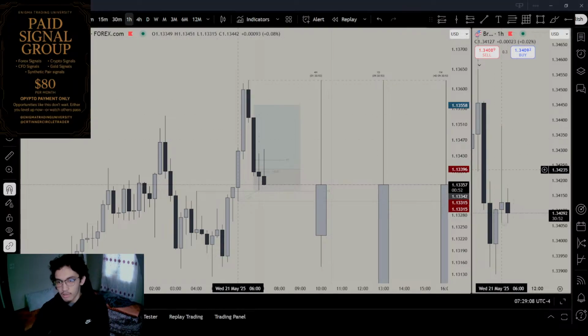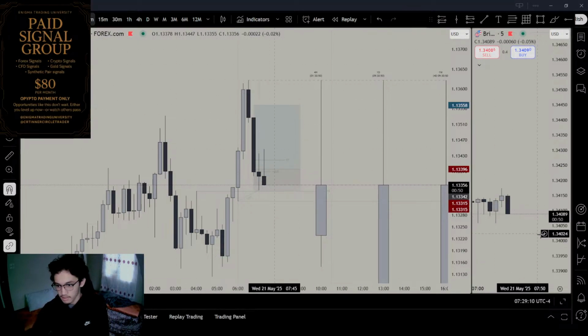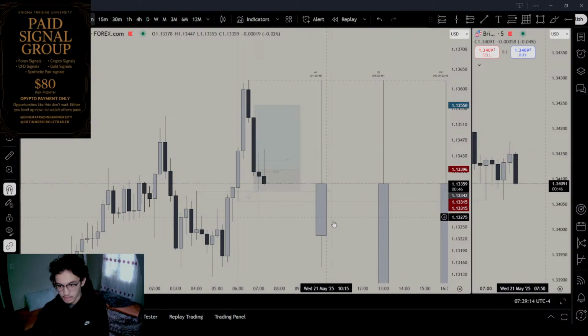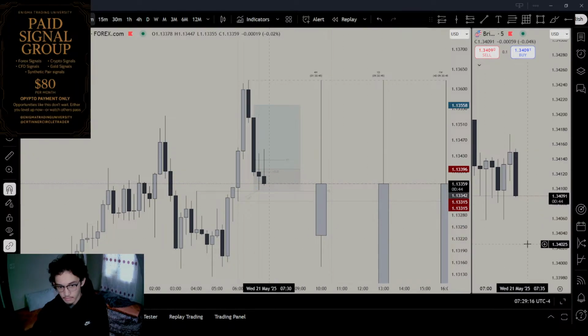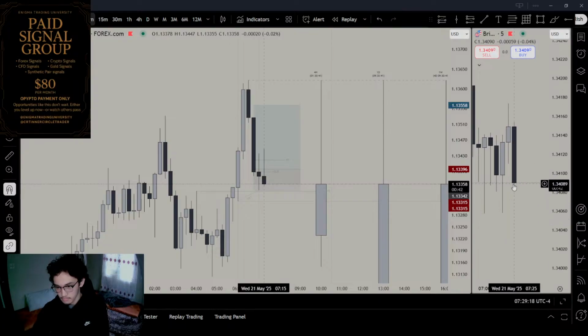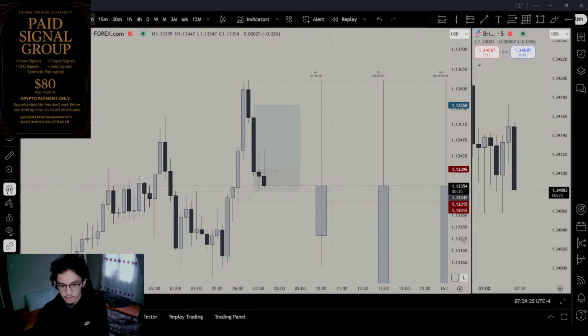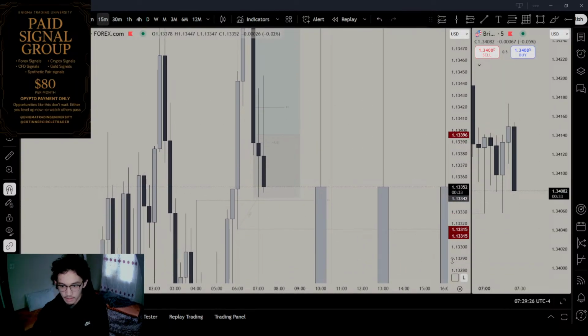We need the GU to make the SMT, but if it's gonna push down, it's definitely gonna push down as well. I want to see GU push down lower, but I want to see EU first push up higher before pushing lower. Yeah, probably stopped out here.